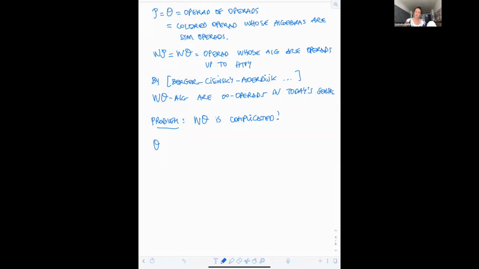O is a colored operad, and one way to depict elements in O is given by trees.